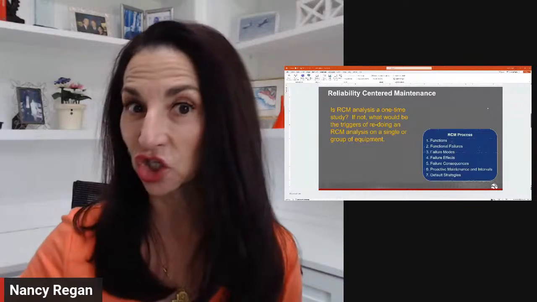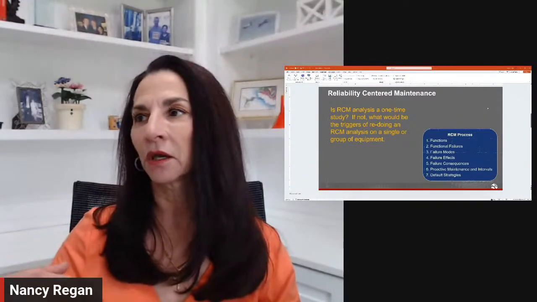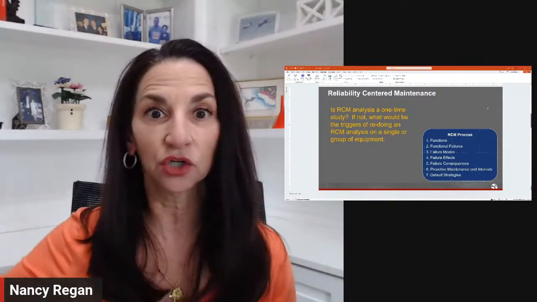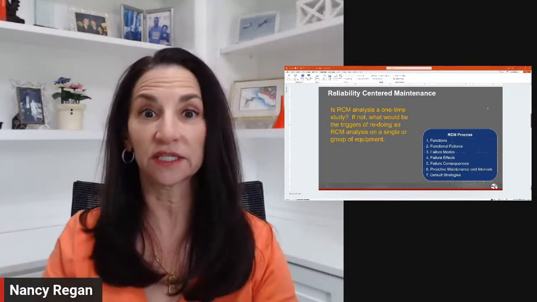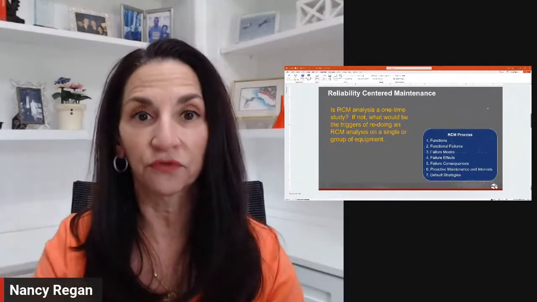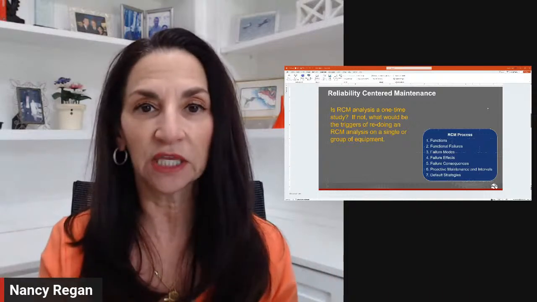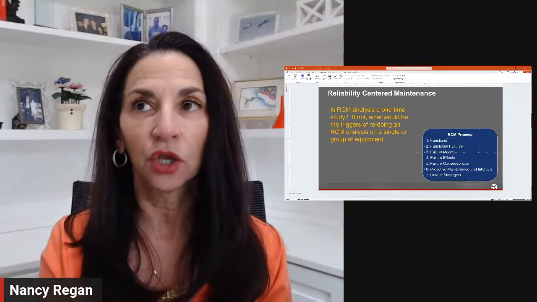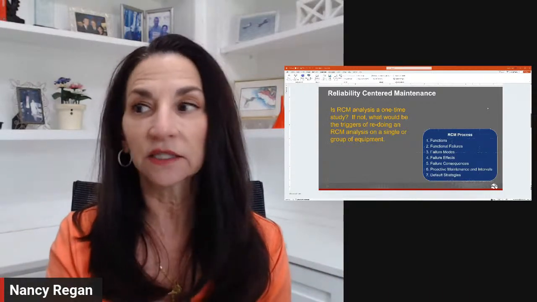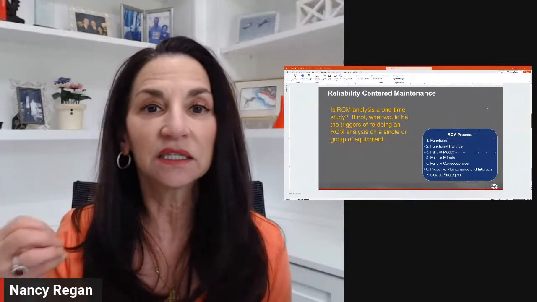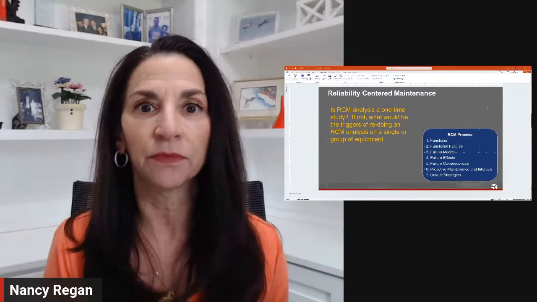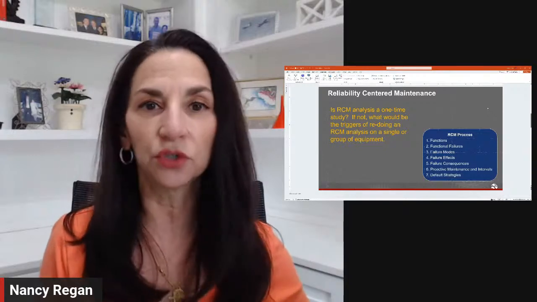Now, once things change, right? Maybe operational tempo needs to increase and you're going to start requiring more from the machine. You're going to start operating it longer or more frequently. Any significant changes like that, it would be a good idea to go through the RCM analysis. That doesn't need to take a long time. Let's say it took you 2 weeks to do an analysis.